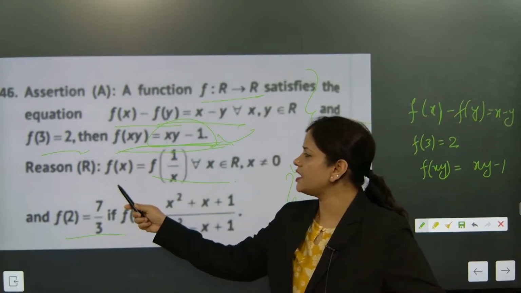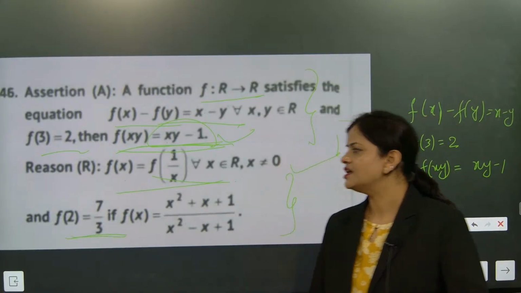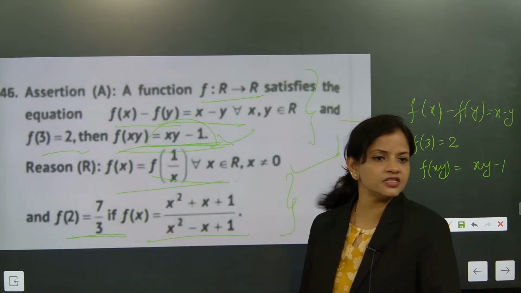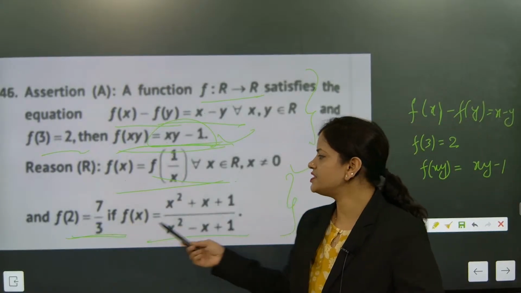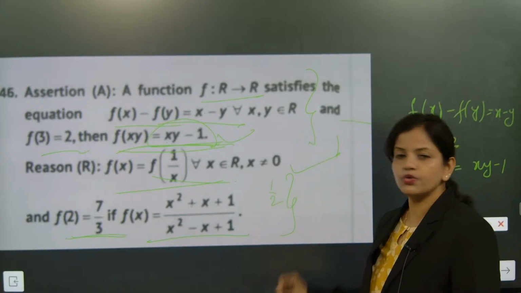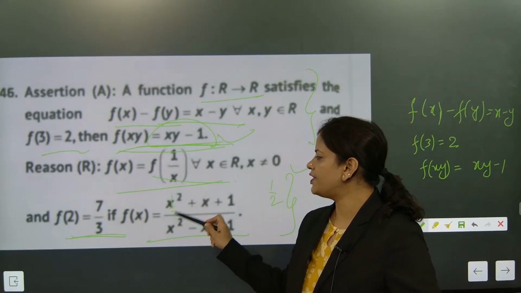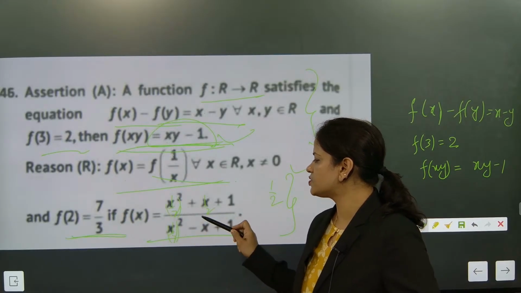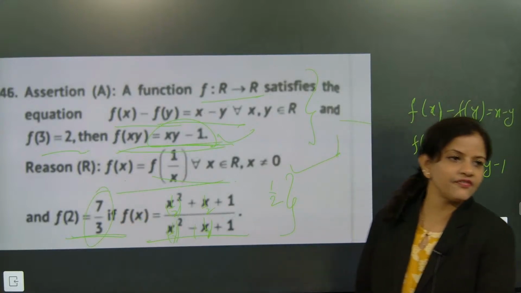Here they are telling f of x is equal to this, then f of 2 is coming as 7 by 3. When you put 2 here, it becomes 1 by 2, whole square, 1 by 2, and when you solve it, it comes as 7 by 3.